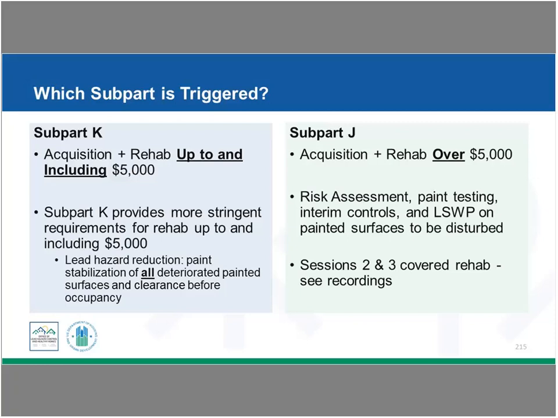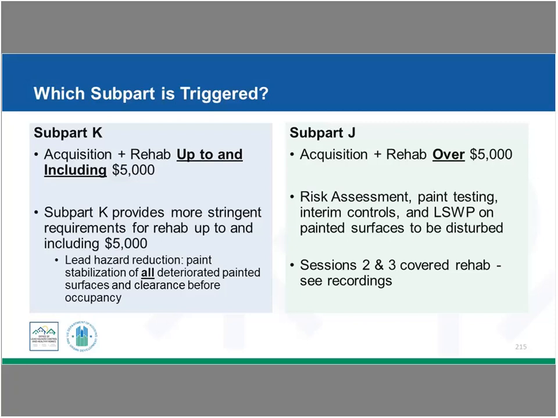We talked about Subpart K only requires a visual assessment, whereas if we had rehabilitation that was over $5,000, then we've triggered the risk assessment, which includes paint testing and interim controls, lead-safe work practices on any of the painted surfaces that are being disturbed. So it's a higher level of requirement.